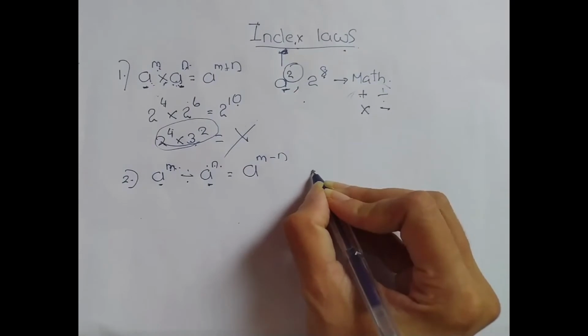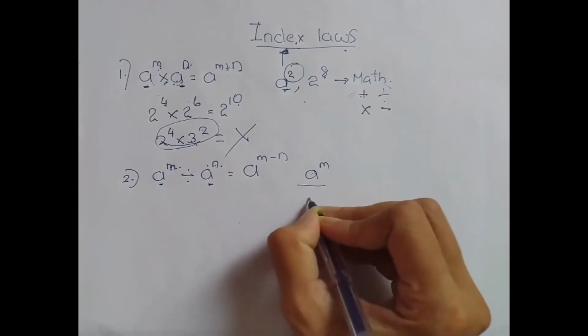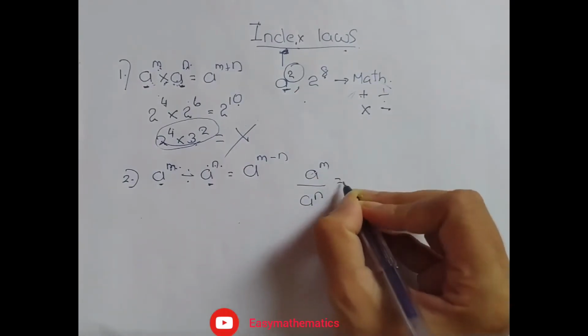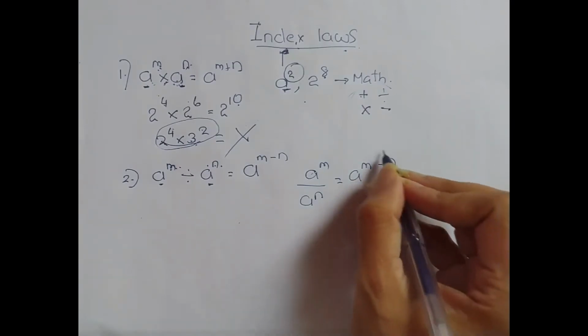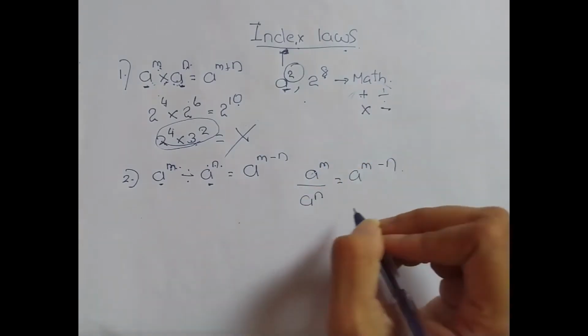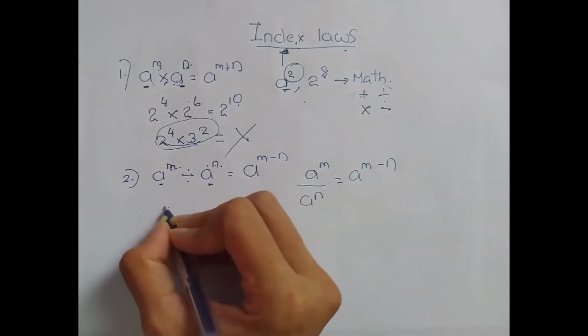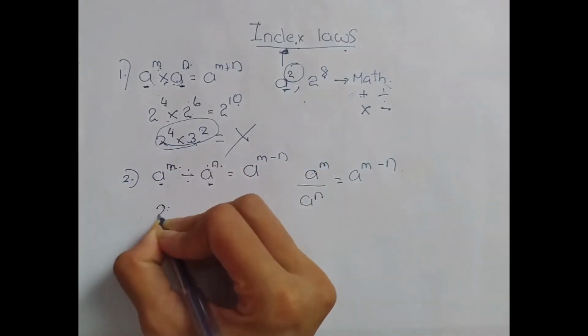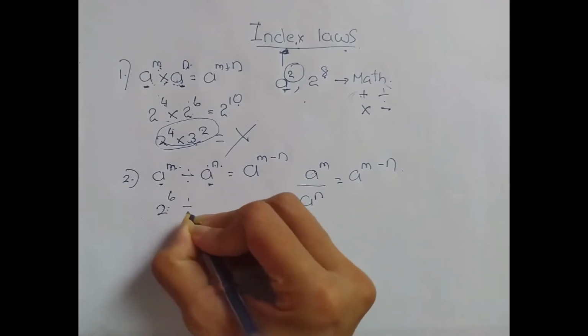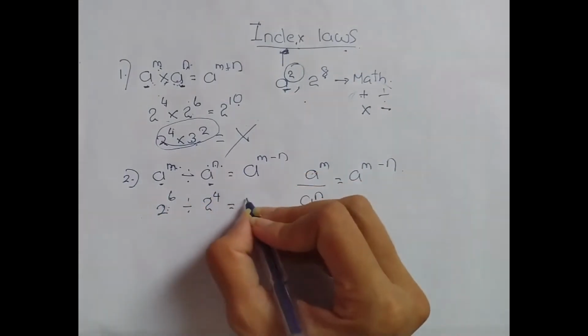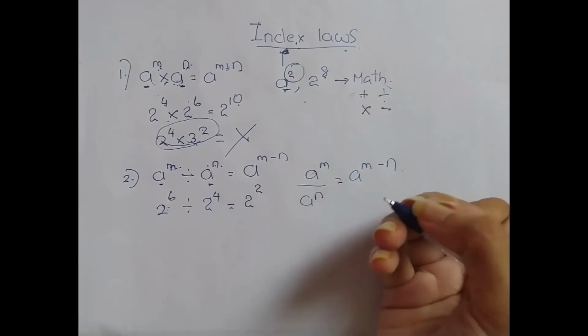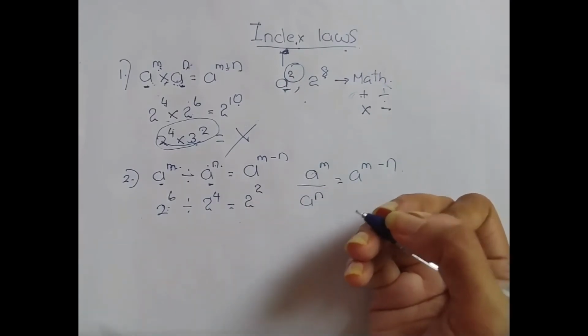So a to the power m divided by a to the power n gives a to the power m minus n. You must understand this principle. For example, 2 to the power 6 divided by 2 to the power 4, then 6 minus 4 is 2 to the power 2. Right?